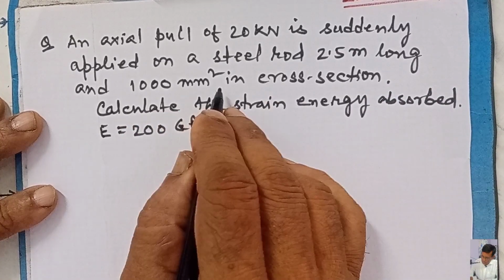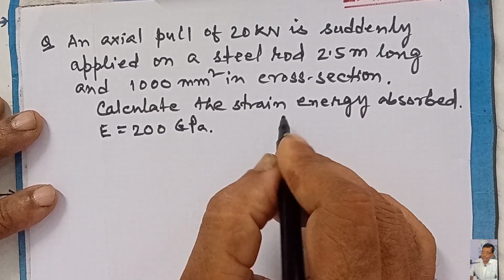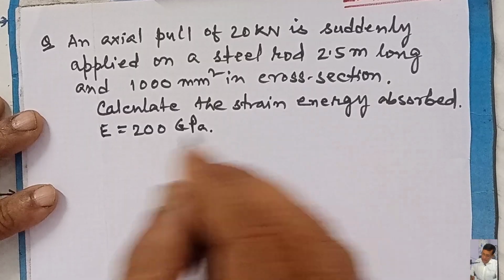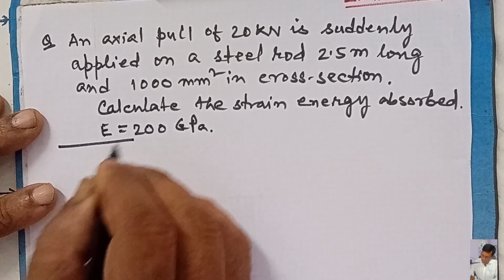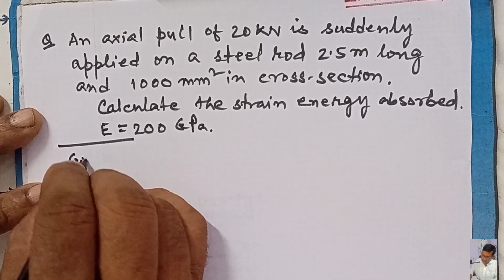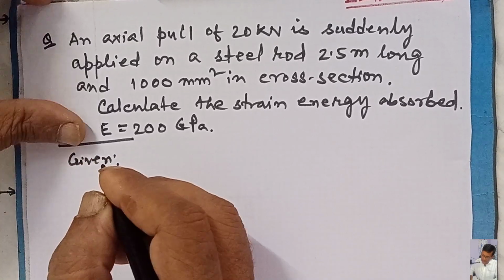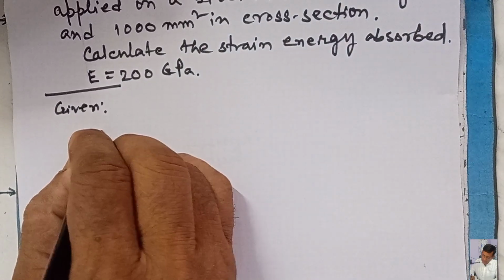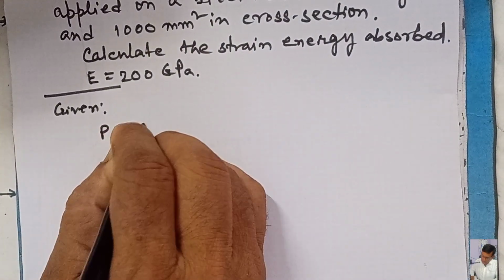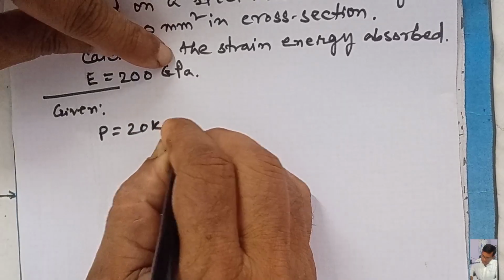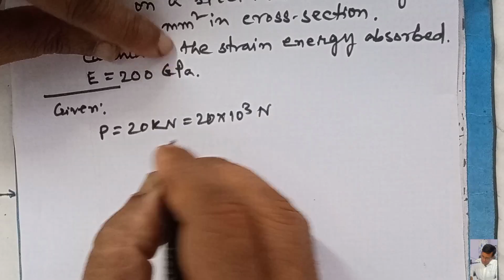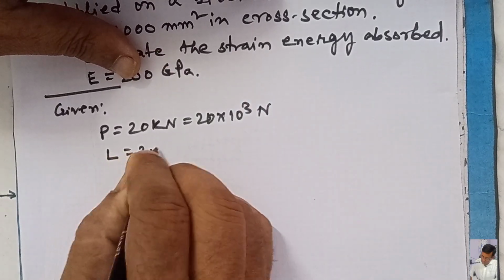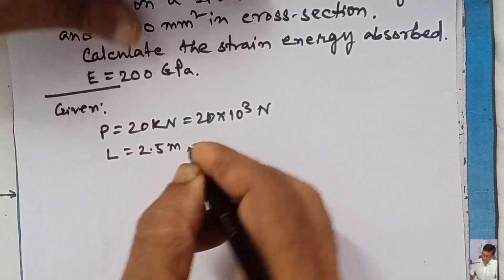An axial pull of 20 kilonewton is suddenly applied on a steel rod 2.5 meter long and 1000 millimeter square in cross section. Calculate the strain energy absorbed. E is equal to 200 gigapascal. Given P is equal to 20 kilonewton is equal to 20 into 10 to the power cube Newton. L is equal to 2.5 meter.